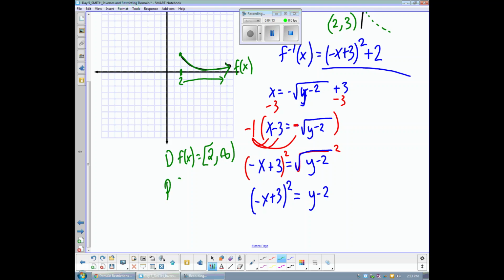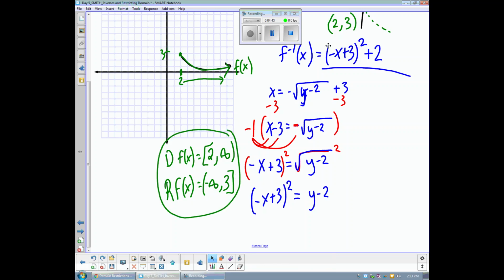The range of f of x is going to, its maximum is at 3, and it's going down to negative infinity. So the way I write it, lowest value first, so I have to start with the negative infinity up to 3, inclusive of 3. So this is our domain and range of the original function.